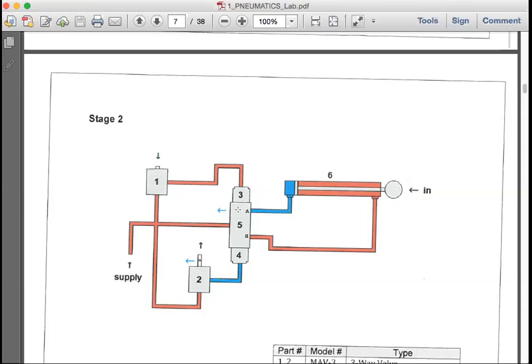This stem is already down and is held down with the activation of the actuator, because the actuator has pressure on this side. So if you press number 2 and the pressure is provided to the actuator, it cannot actually activate the stem because there's equal and opposite pressure on this actuator.